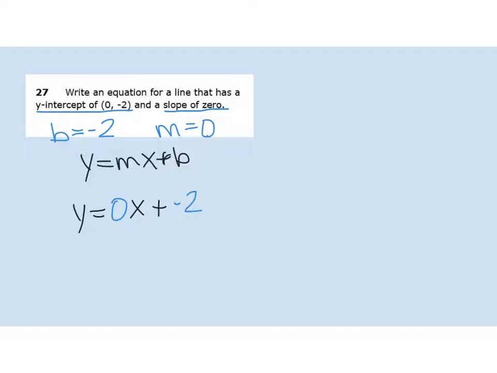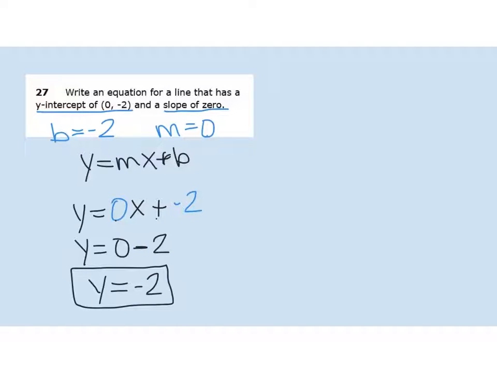Now this can be simplified because anything times 0 is 0, and a plus negative would just be a minus. So we could have our final answer, 0 minus 2 is -2. And this is our equation of a line that has a 0 slope and a y-intercept of -2.